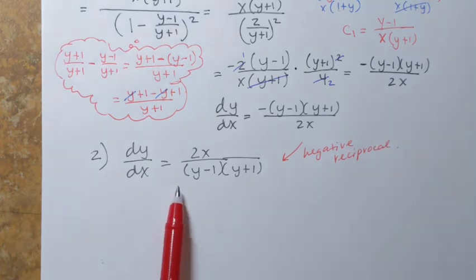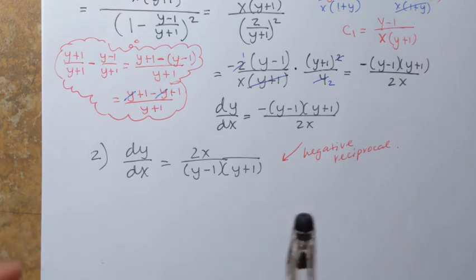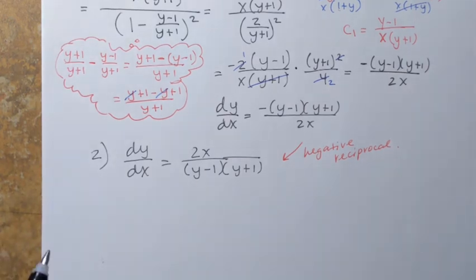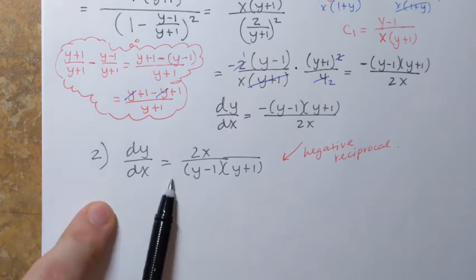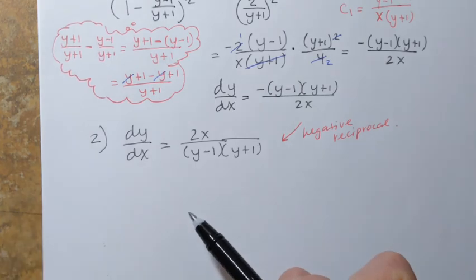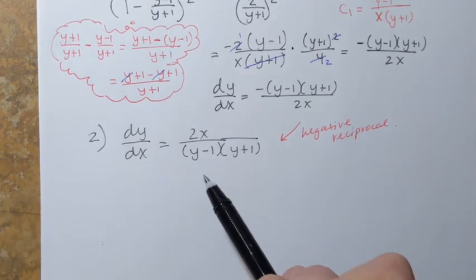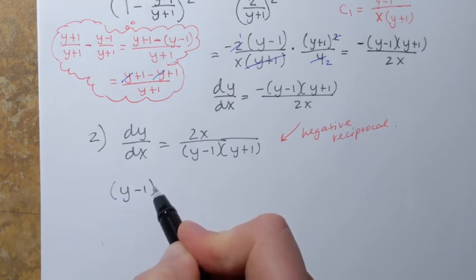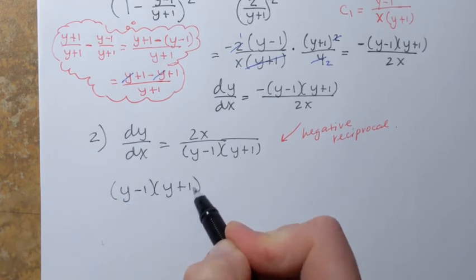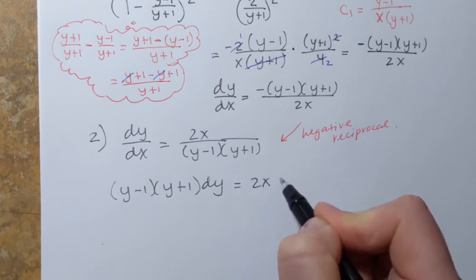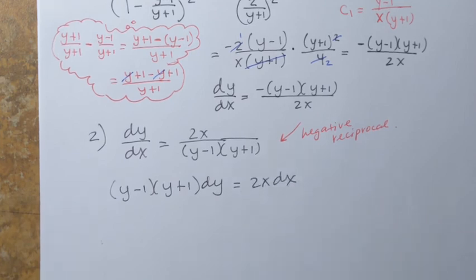And now we're looking at the differential equation that represents that other family of curves we're trying to find. How do we find it? By solving this differential equation. Again, this is a separable equation. We can easily put together everything involving y and everything involving x by using cross multiplication. So (y minus 1)(y plus 1) dy equals 2x dx.